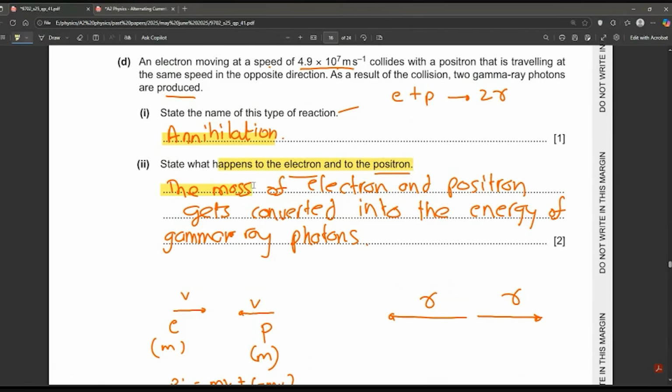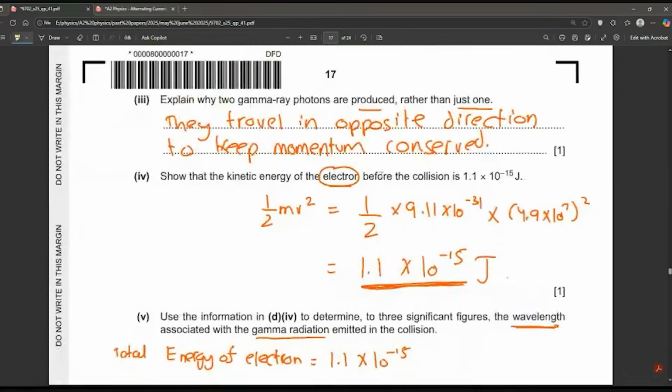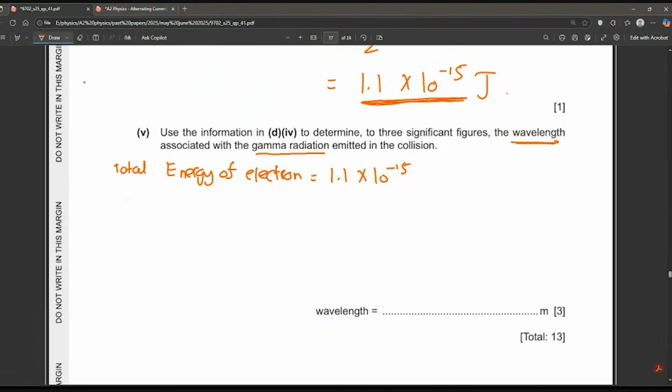The mass of electron used to get converted into the energy of gamma ray photons. So बेटा हमने यहाँ पे इलेक्ट्रॉन के मास को भी एनर्जी में कन्वर्ट करना होगा. Using which formula? E is equals to mc square. We will convert the mass of electron into energy. So we will add this energy here. यहाँ पे हम कौन सी एनर्जी ऐड कर रहे हैं? That will be released once the mass of electron gets converted into energy.